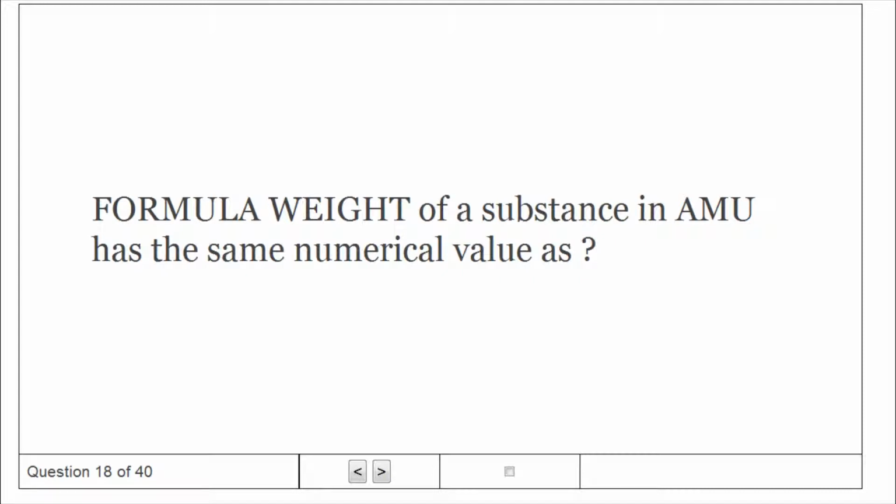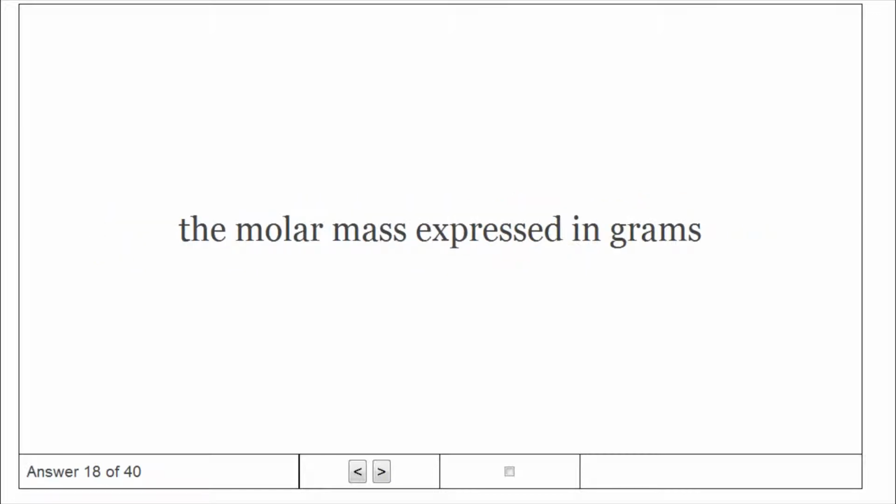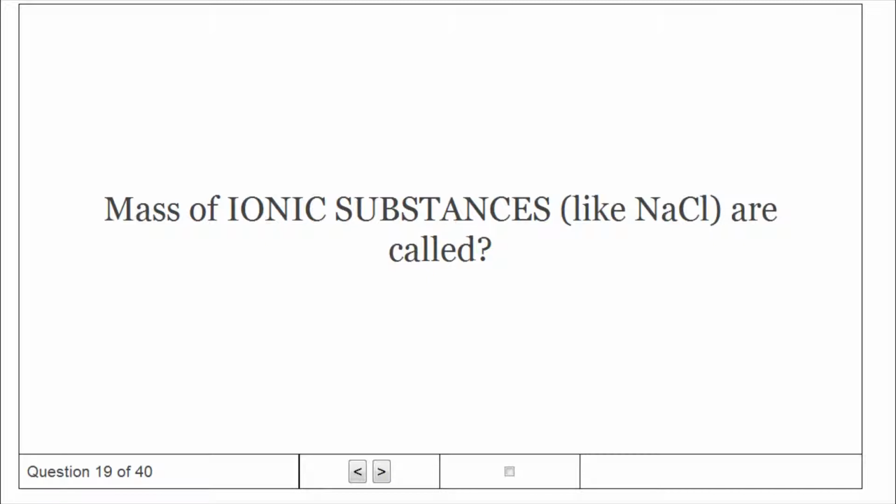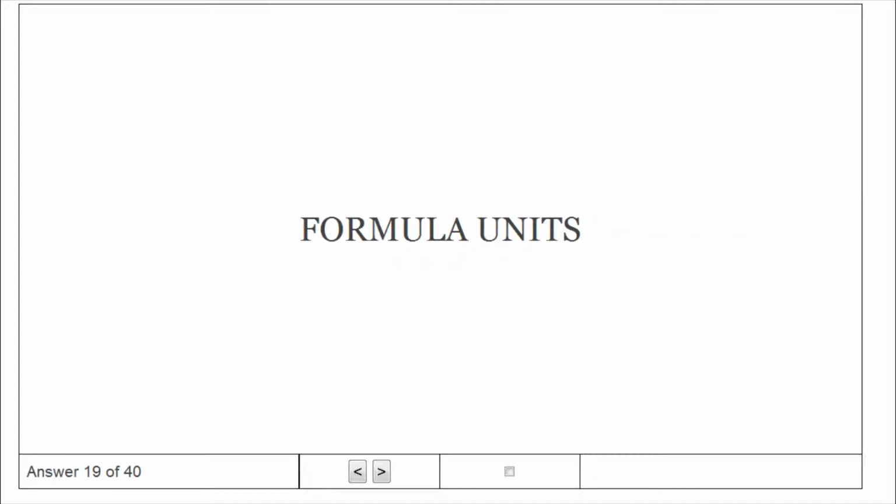Formula weight of a substance in AMU has the same numerical value as the molar mass expressed in grams. Masses of ionic substances are called formula units.